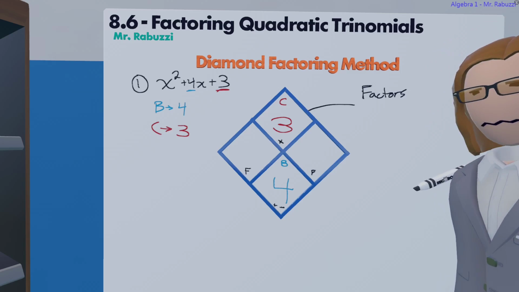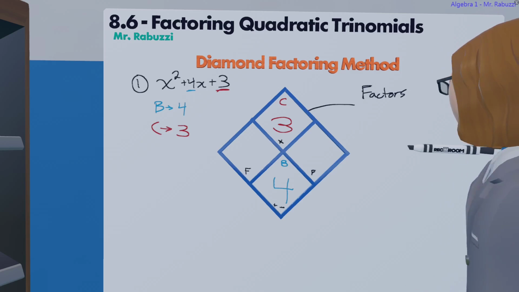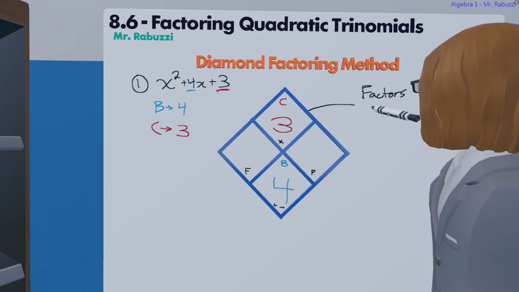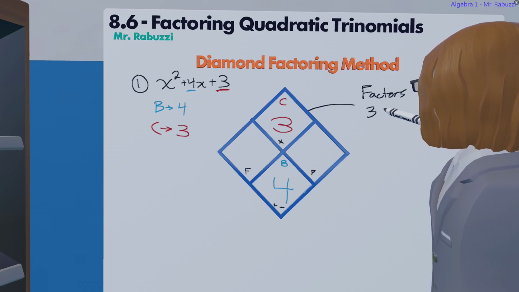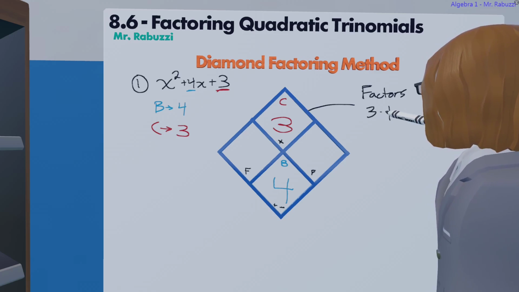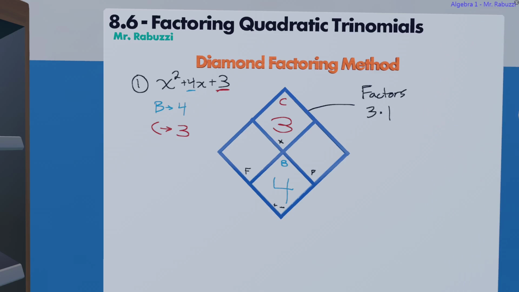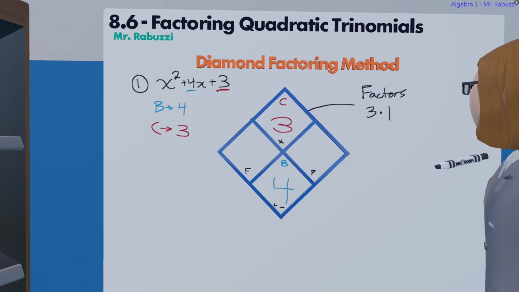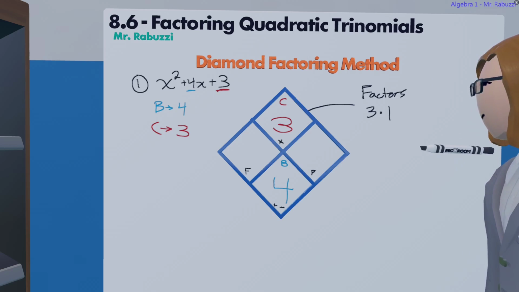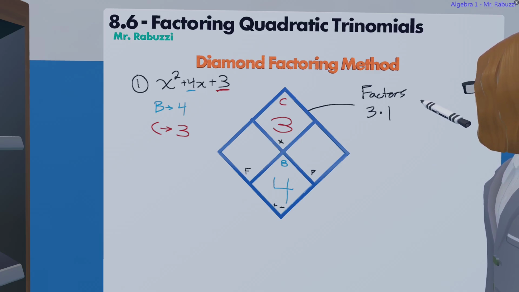Okay, so what are the factors of 3? Well, luckily, it only has one pair. 3 times 1. Okay? Now, we got to check.